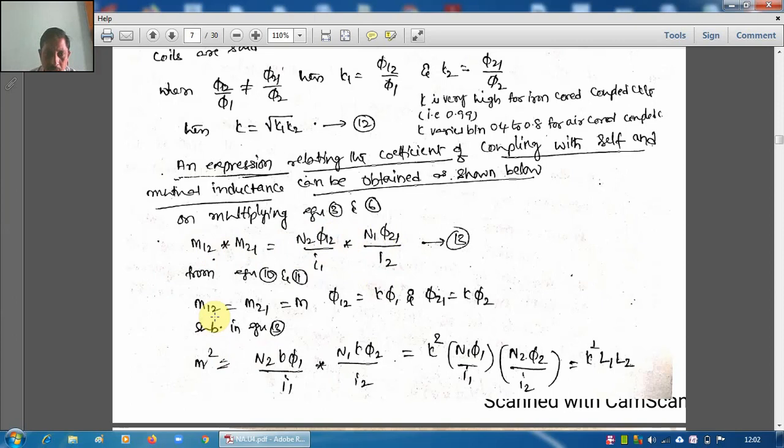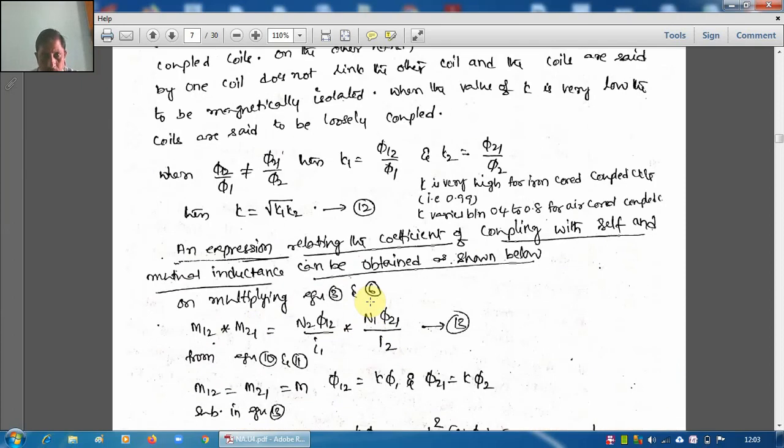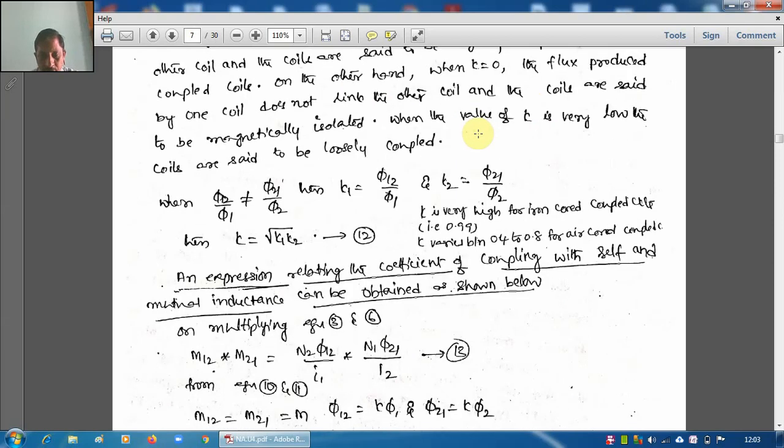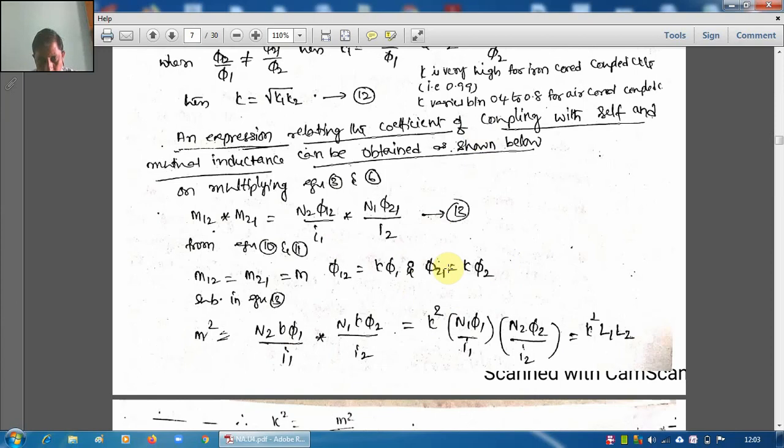As I said, for the majority of cases, M12 equal to M21, that equal to M, and also phi 12 equal to K phi 1 or phi 21 equal to K phi 2. Make use of that relation also. Substitute all these things, M, phi 12, phi 21, in this product.